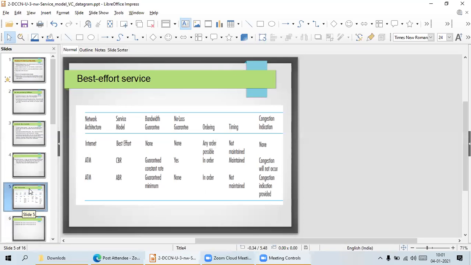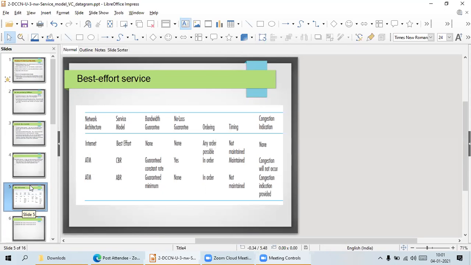In these, the service model is either best effort, CBR (constant bitrate), or ABR (available bitrate). These are the three service models. We have two different types of architecture, internet and ATM. There are more, but here we are discussing only these two.